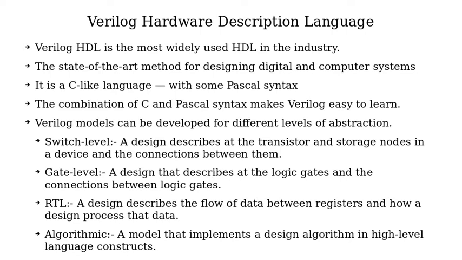Gate level: a design that is described at the logic gate level and the connections between the logic gates. RTL: a design describes the flow of data between registers and how a design processes that data. Algorithmic: a design is implemented in algorithm form using high-level language constructs such as those in computer programming languages.